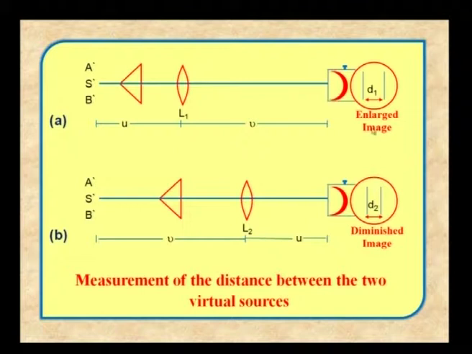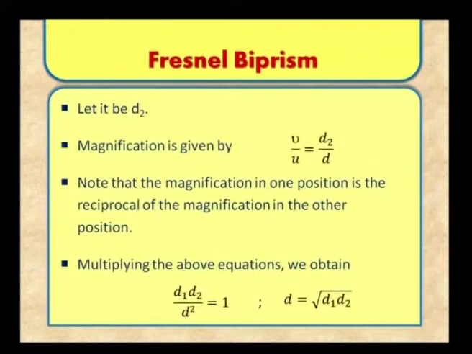You measure d2. By measuring d1 and d2, you get the important quantity, namely small d, the distance that separates the two virtual sources. Now, since you know small d, you also know capital D, hence this enables you to determine the wavelength of the light source.